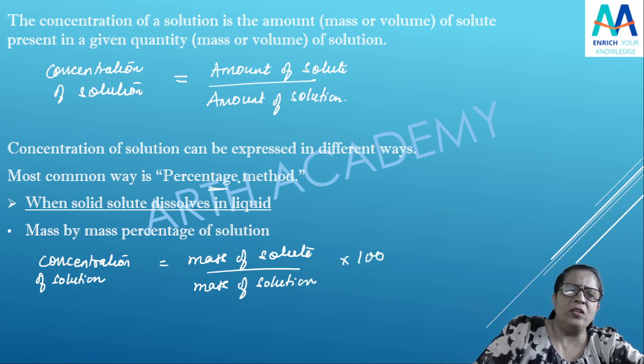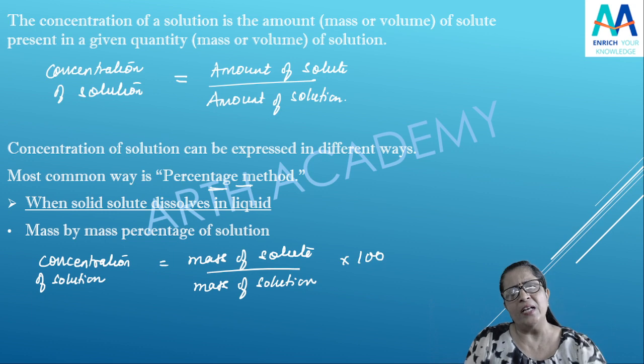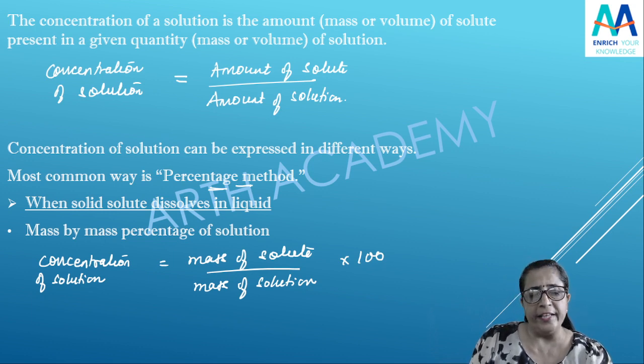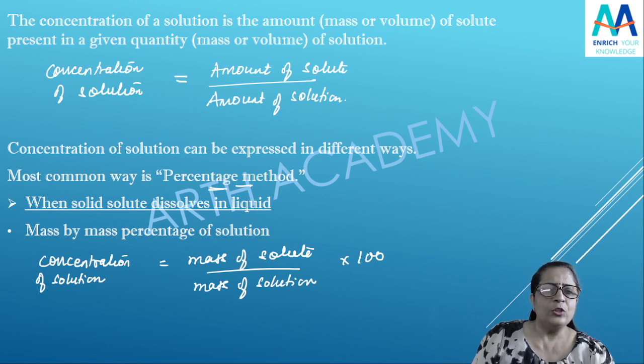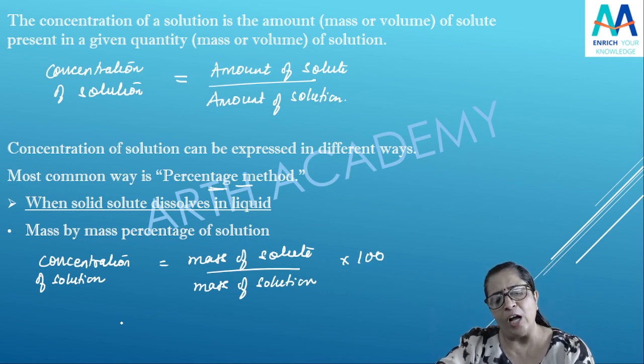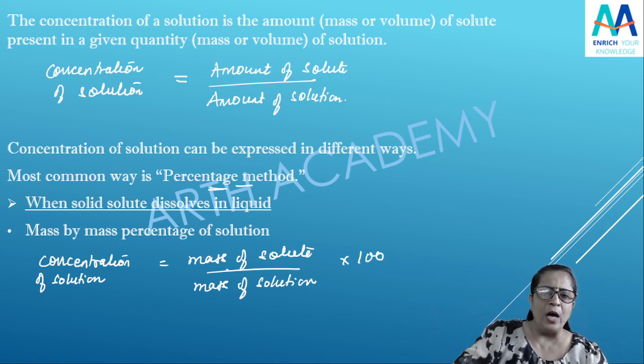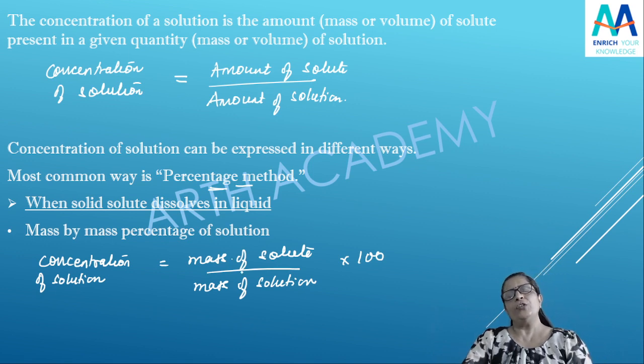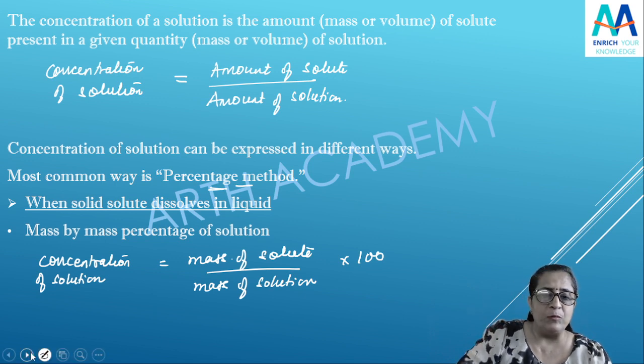Why are we taking 100? Because this is a percentage method. Our answer is being found as a percentage, that's why I am multiplying it by 100. So what does this mean? It means mass of a solute in grams present in 100 grams of solution. Both the solute and the solution will be in grams.